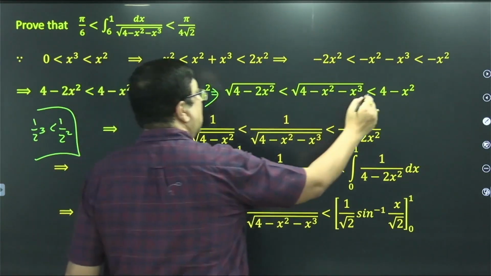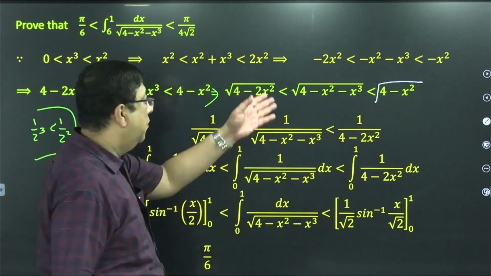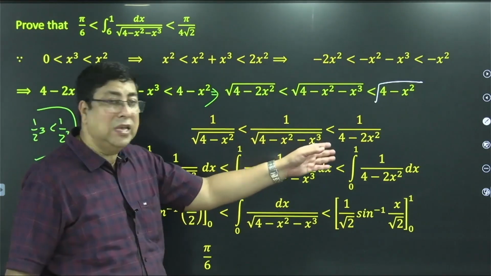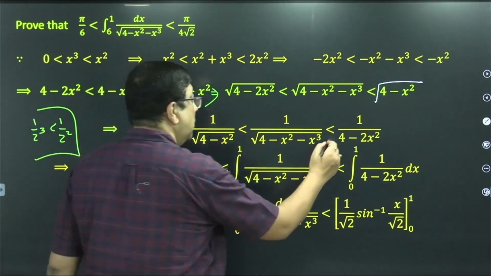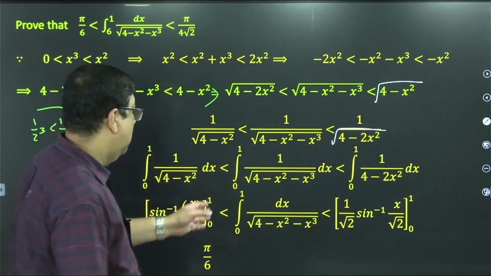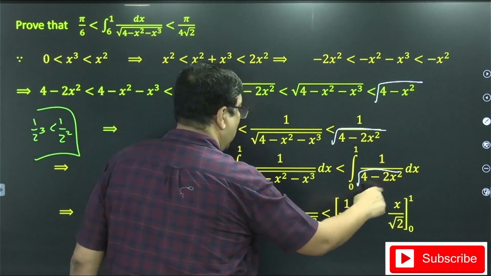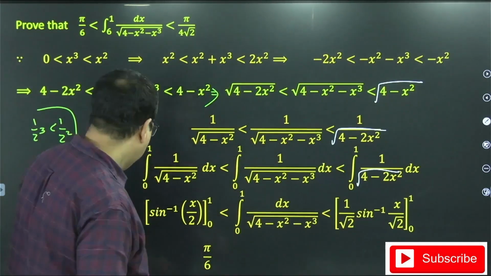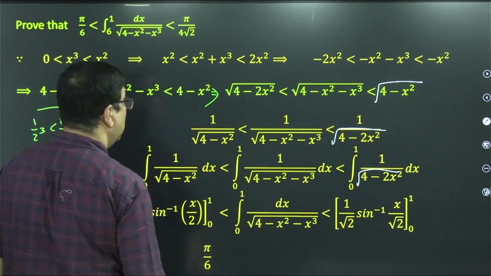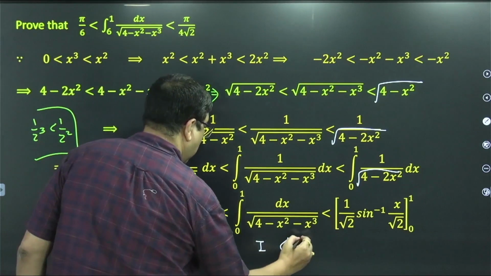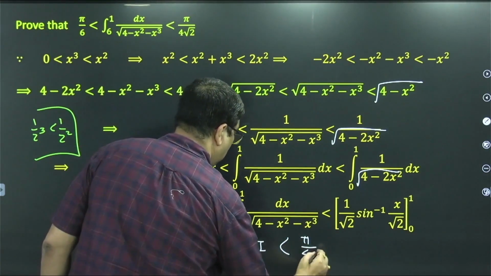So this is the root. If we take 1 by it, then the sign will be changed, and this comes under the root. Again, a printing mistake. If we take root 2 common, we use the sin inverse x by a formula. Here also is one printing mistake. This is the integral, I am writing I here, which is less than pi by 4 root 2.